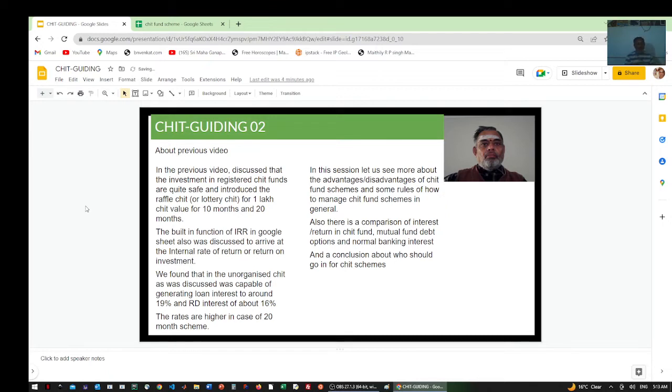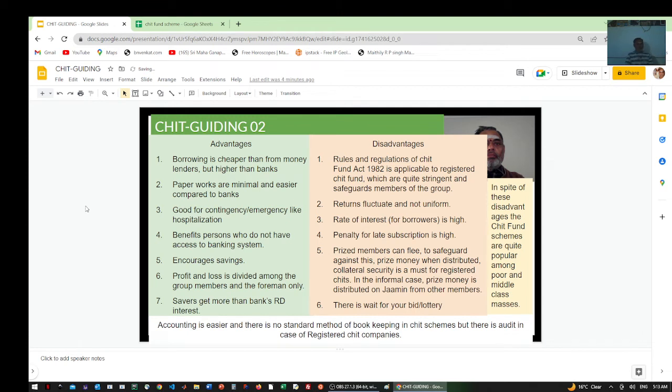Also, there is a comparison of return in chit fund, mutual fund debt options, and normal banking interest, and a conclusion about who should go in for chit schemes. Here are the advantages and disadvantages. Number 1, advantages.